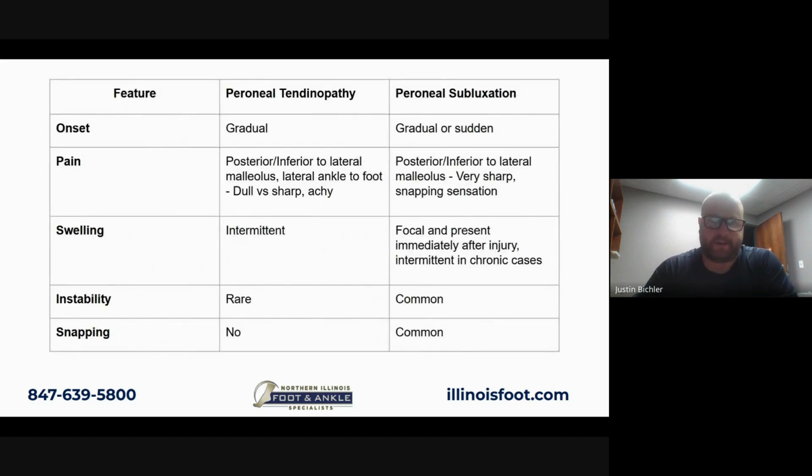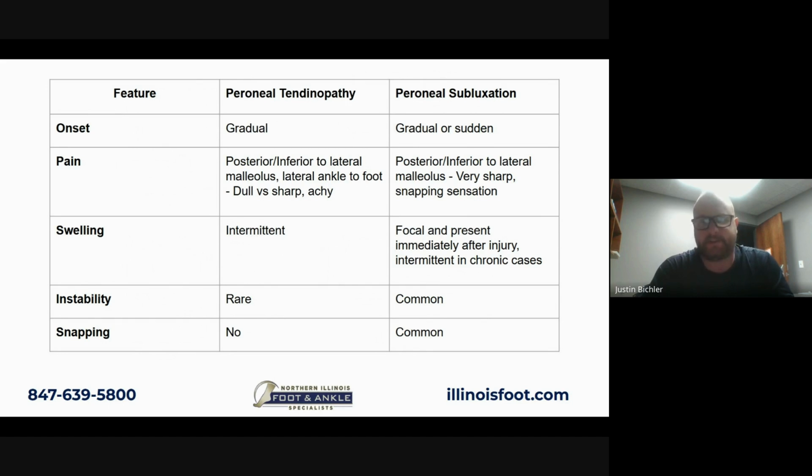So we're talking about peroneal tendinopathy versus peroneal subluxation. Typically with peroneal tendinopathy, onset is gradual unless it's an acute tear. I don't know that I've ever seen an acute rupture of a peroneal tendon. I think that'd be pretty unusual unless it ruptured off the base of the fifth with an avulsion type fracture. But generally speaking, they don't rupture posterior and inferior to the lateral malleolus.